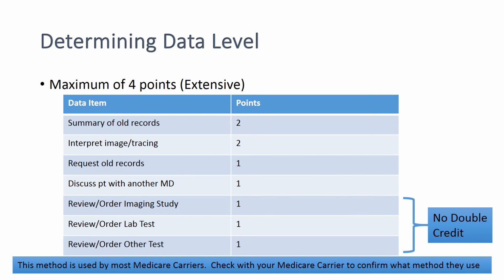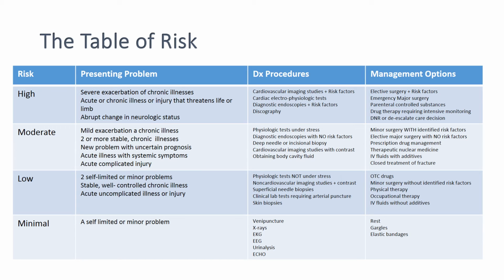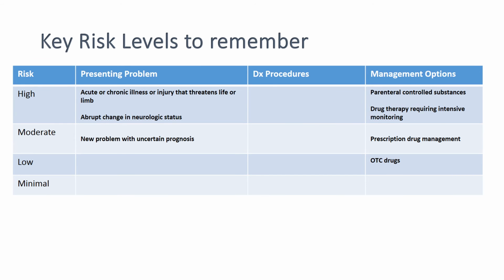Then for assessing risk, the 1997 guidelines has a very large table of risk, which is based on the presenting problem, diagnostic procedures that you may consider, and management options. It's a very lengthy table with a lot of detail. There are a couple of things to remember. A presenting problem that is an acute or chronic illness or injury that threatens life or limb is a high-risk situation.